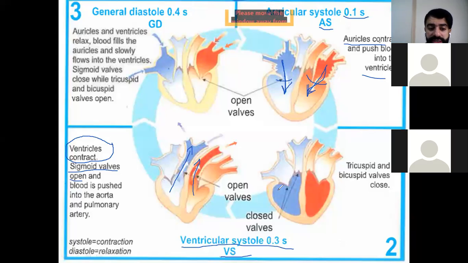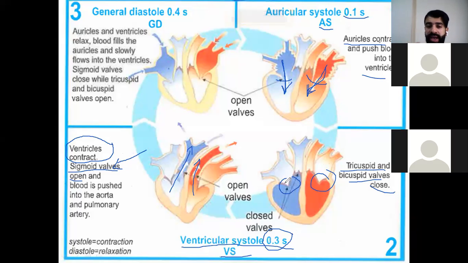And the ventricular systole is 0.3 seconds. The blood will move toward the aorta and the pulmonary artery through the sigmoid valves. Why? Because the bicuspid and tricuspid valves are closed in the ventricular systole.